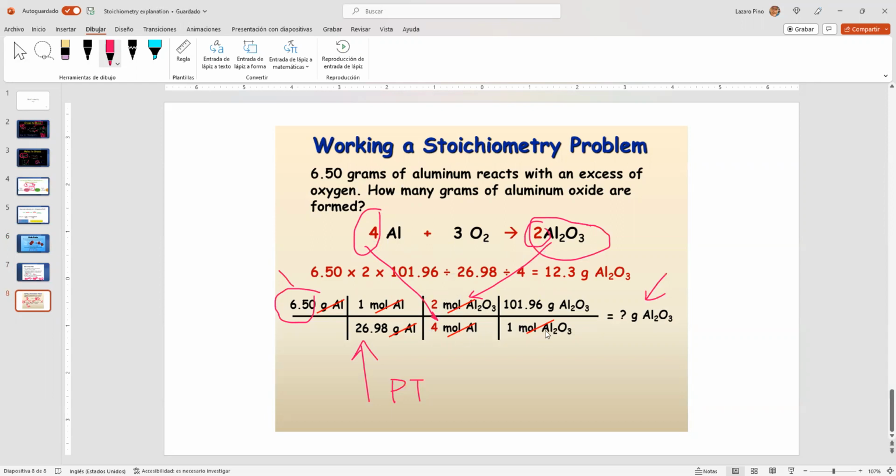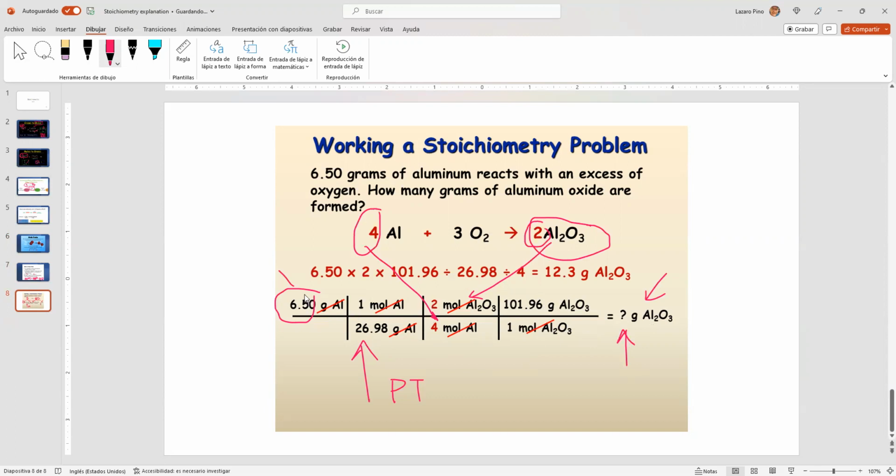But after that, you have to multiply by the mass of 1 mole of aluminum oxide. That is 101.96 grams. When you multiply and you divide by this product, you get the mass of aluminum oxide.